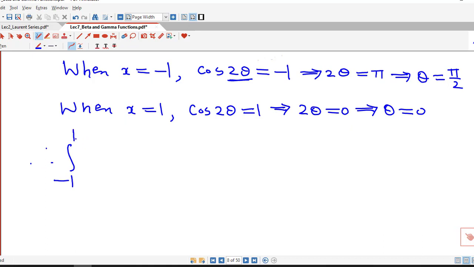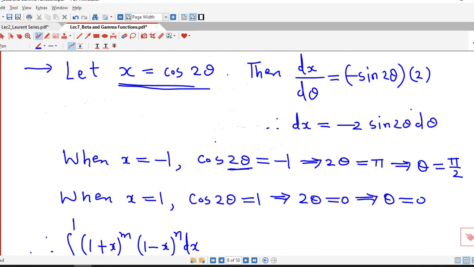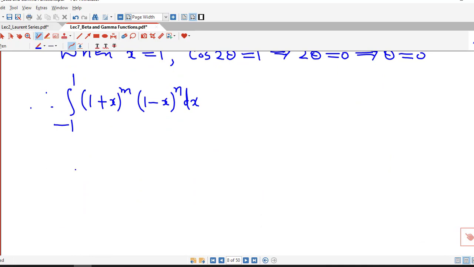The new integral in terms of theta: the given integral is (1 plus x) raised to m, (1 minus x) raised to n, dx. So x is cos 2 theta and the limits are from pi by 2 to 0. When x is minus 1, theta is pi by 2. When x is 1, theta is 0.